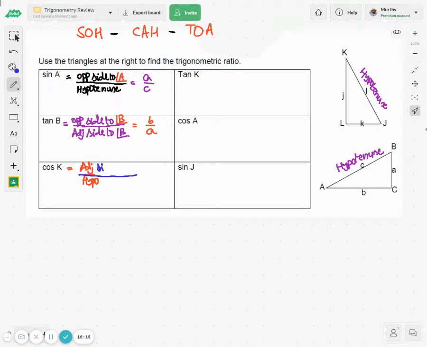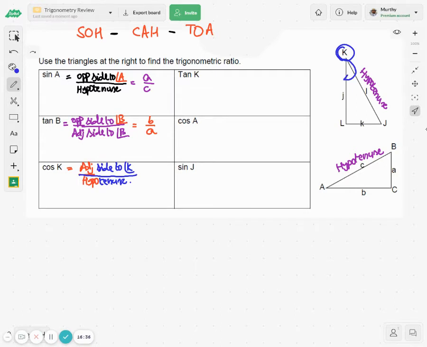Therefore, adjacent side to angle K over the hypotenuse. So what is adjacent to K here? This one cannot be adjacent. Adjacent means the one next to the given angle.